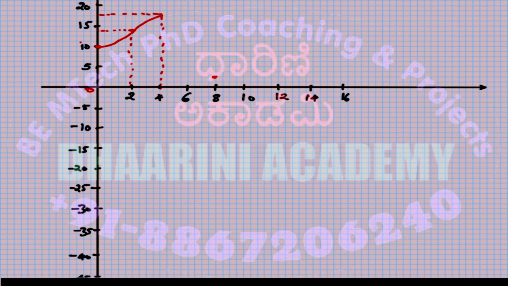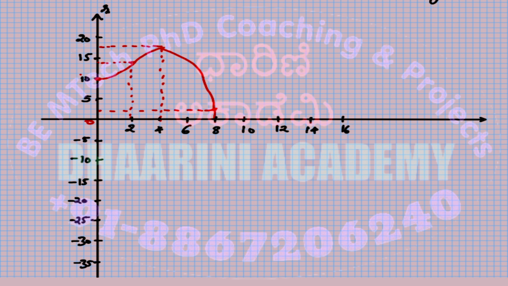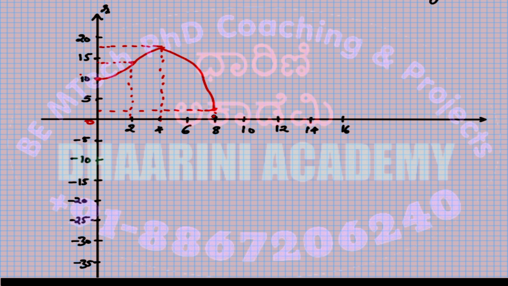And this has to be a non-linear decreasing function. So it will decrease something like this. Not a straight line. All right. So s is 2 around 8. Okay, at 8 it is like this.